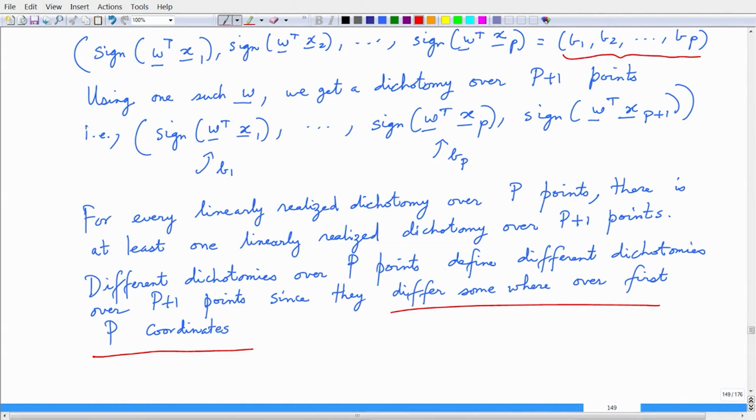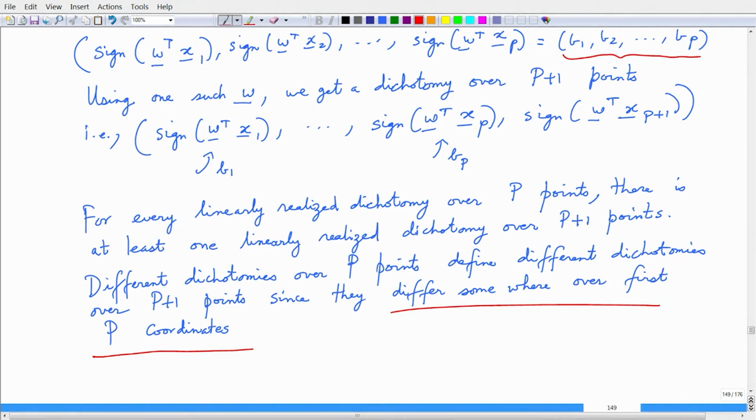Using one such w, which is the weight vector, we get a dichotomy over p plus 1 points given by this tuple. So, for the point x_{p+1}, I take the same hyperplane, take the inner product and then the sign, and I get B_{p+1}.